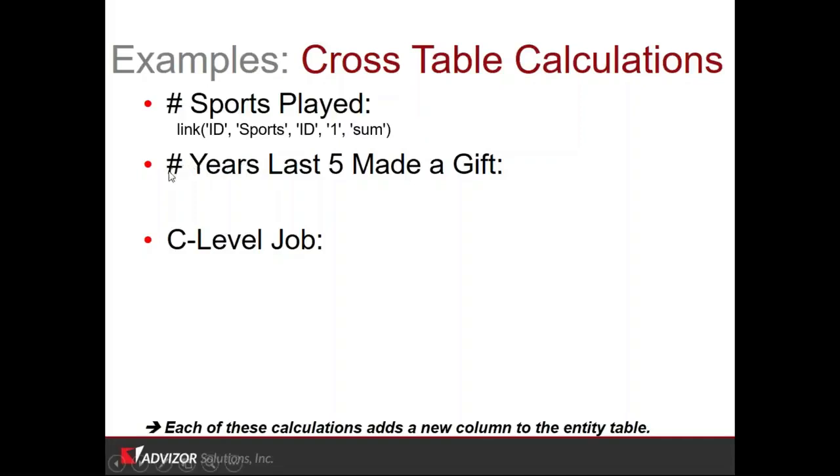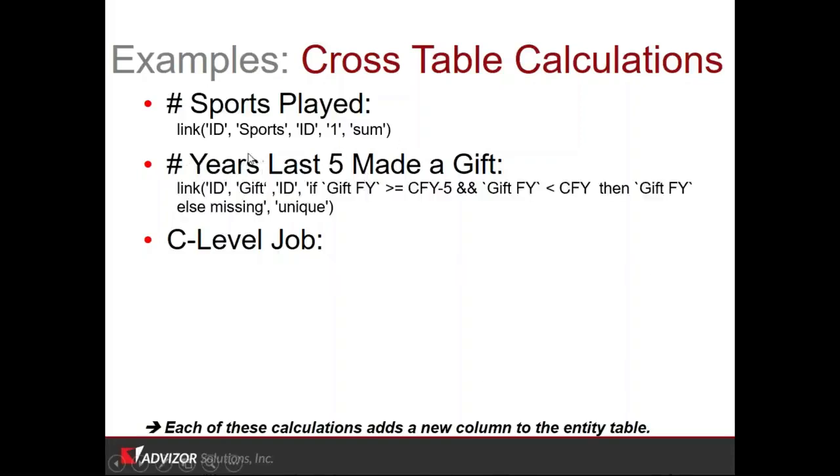Another one we talked about earlier is we wanted to know the number of years out of the last 5 they made a gift. Similarly, that would equal link on ID to the gifts table on ID, if the gift fiscal year is greater than or equal to the current fiscal year minus 5, and the gift fiscal year is less than the current fiscal year, then the gift fiscal year, else missing, and then unique count.